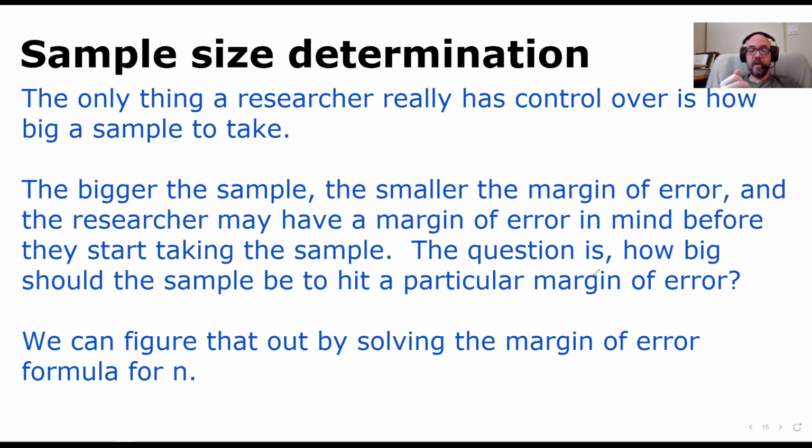And we can figure that out by solving the margin of error formula for n. Remember that the way we calculate margin of error in the first place is the margin of error is the critical value times the size of the standard error. The critical value, I'm going to call that t sub c.